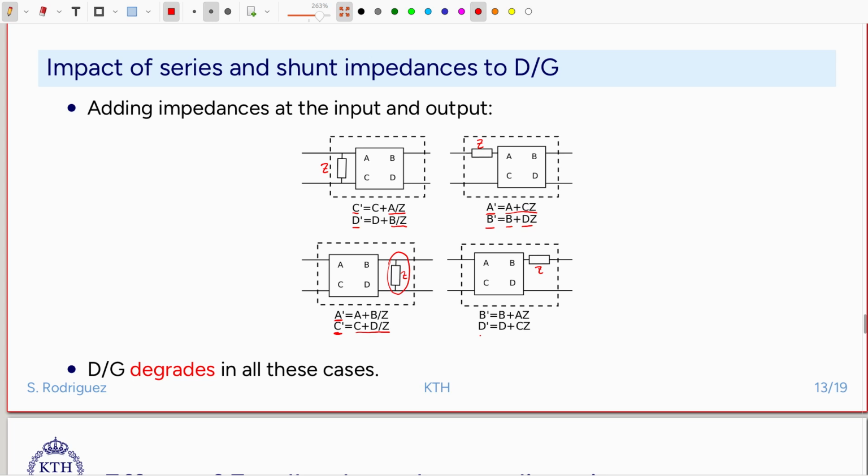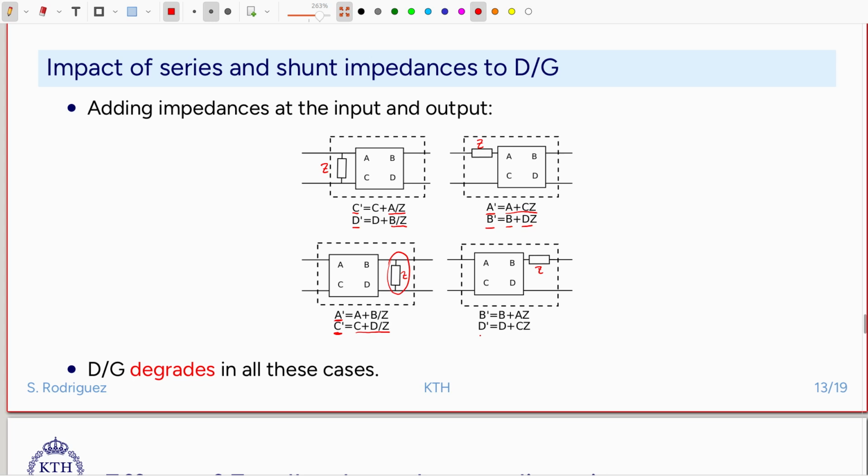So it is not a good idea to add impedances at the input or at the output of a block, because when we put this block in a negative feedback system, the additional impedances that we add will only degrade the linearity.